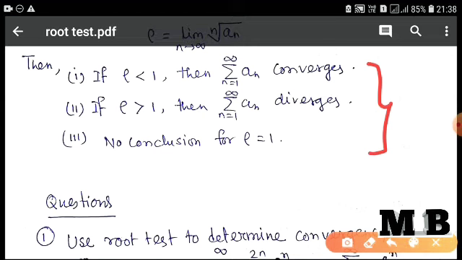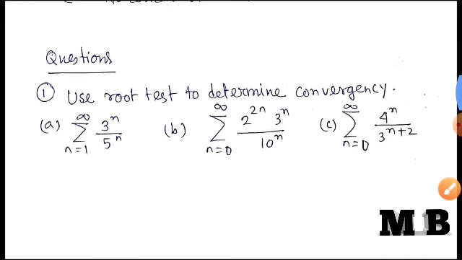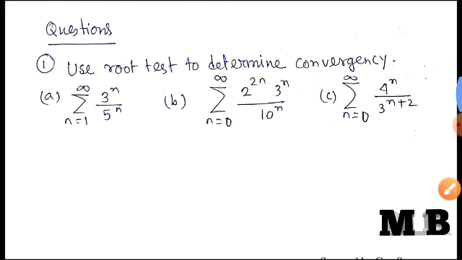Whenever we have some typical type of problem, we will use this root test, and we will also deal with some problems, and from there you will get the flavor of in which cases we should use this test. So let's go to some problems and try to solve those questions using this test.